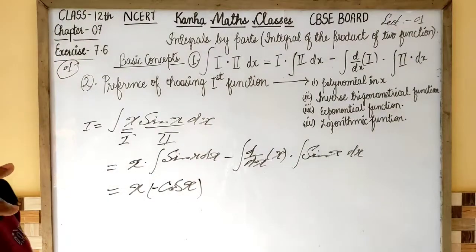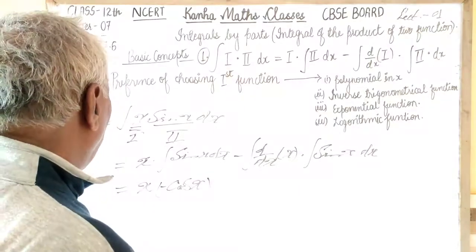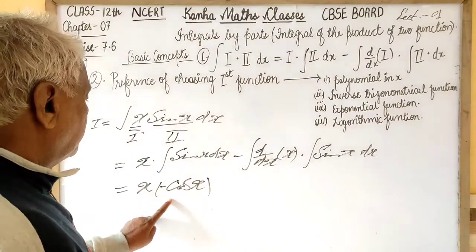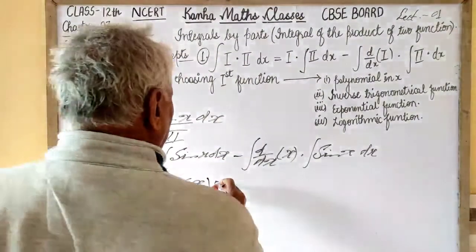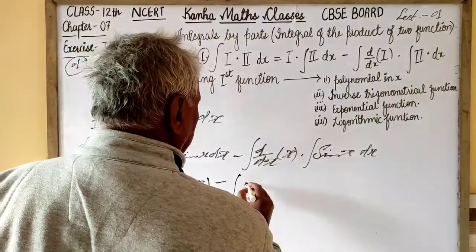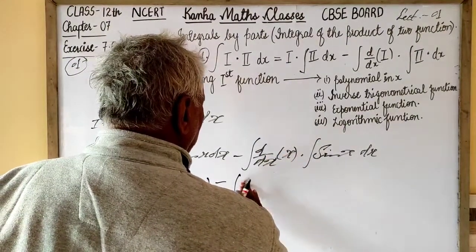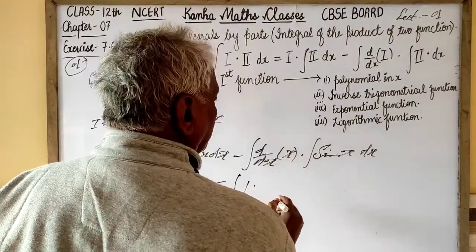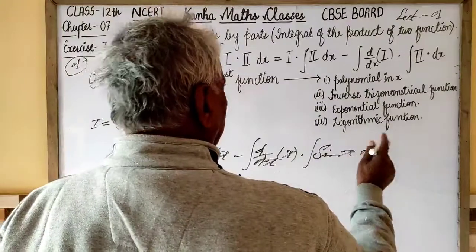So first function into integral of second function means x into minus cos x, minus integral of differential of first, d dx of x, which is 1, into minus cos x dx.